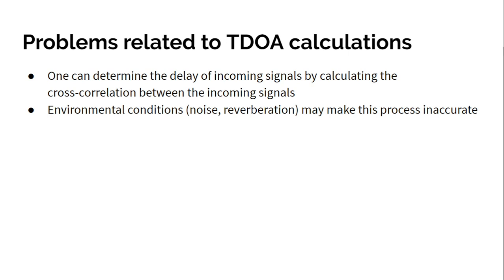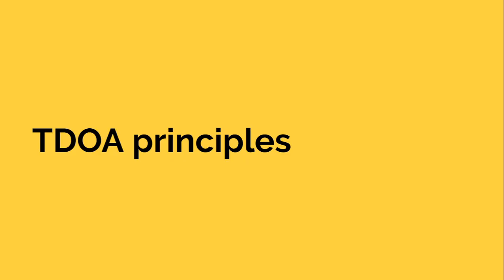However, because of these environmental effects, this peak may not be unique. This peak may be really close to other peaks, so this makes this ingenuous approach really difficult to realize. And we can address that. For now, I'm going to talk about some of the TDOA principles.